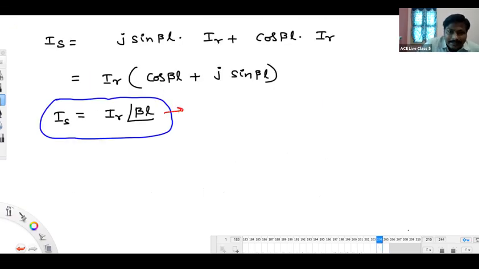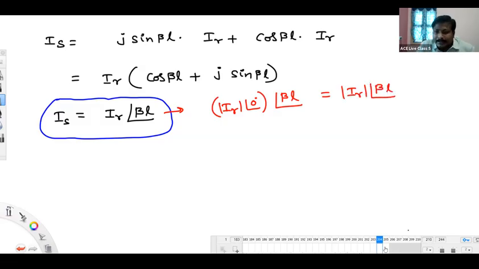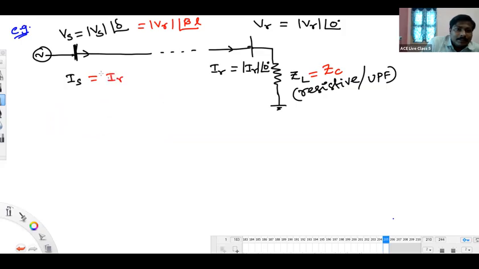So you can write this as mod IR at an angle 0 degrees at an angle of beta L. So this will be mod IR at an angle of beta L. I think all of you are getting these things. We expressed sending end voltage and current in terms of receiving end voltage and current.